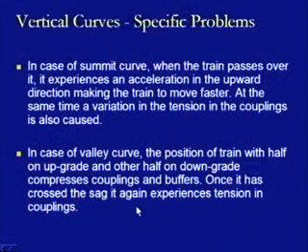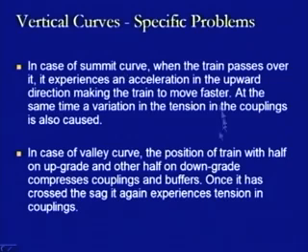Once it has crossed the sag, it again experiences tension in couplings. That is, if we are moving on this one and, instead of half on this and half on this, we have now crossed this sag and are moving in the upward direction, then everything is pulled in the downward direction because of gravity. So, there is tension now being experienced by the couplings.